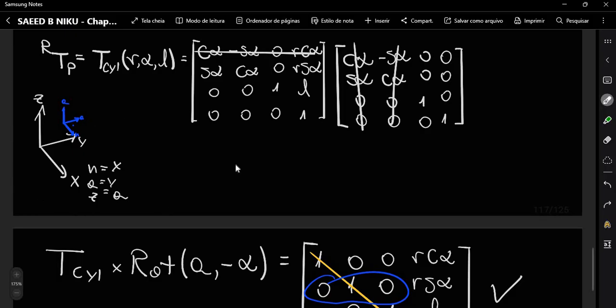The A-axis corresponds to the same transformation, the same characteristic matrix of rotation as we do above the Z-axis.